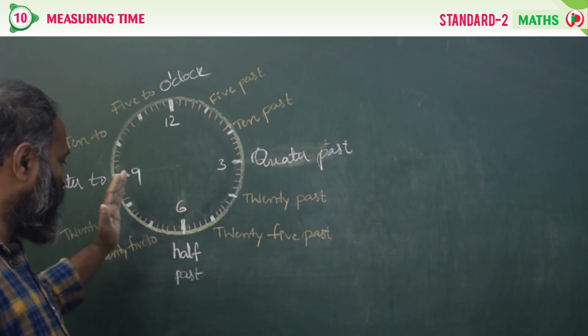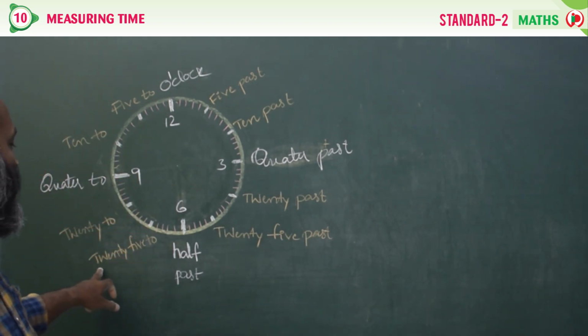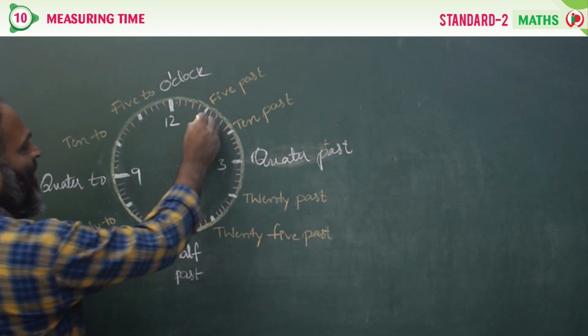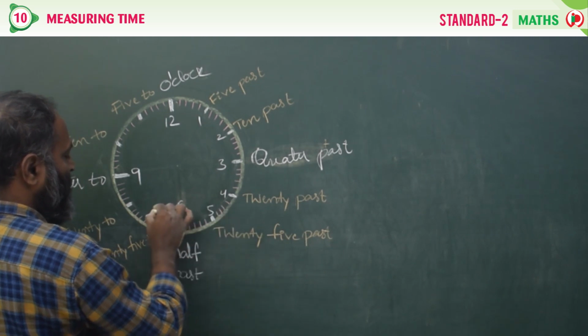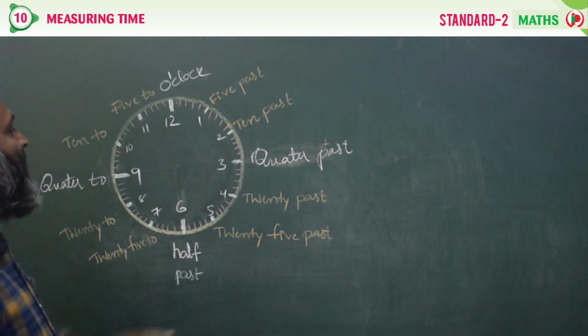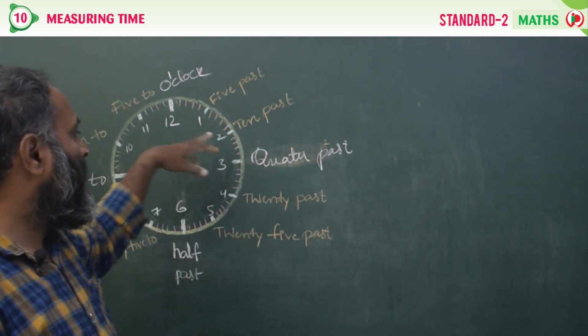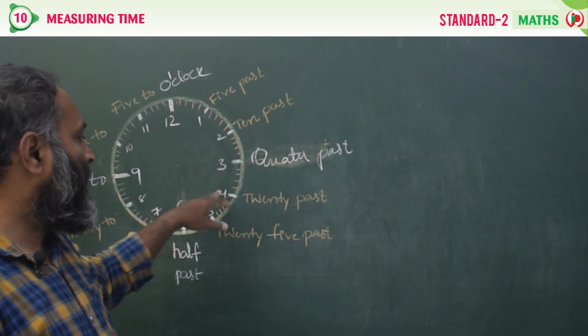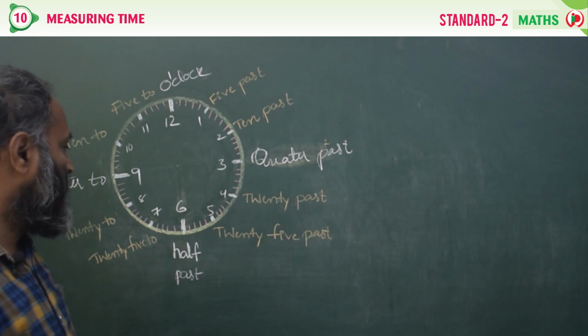Here we have 1, 2, 3, 4, 5, 6, 7, 8, 9, 10, 11. If the minute hand is at 1, that is 5 past. At 2, 10 past. At 4, 20 past. At 5, 25 past.